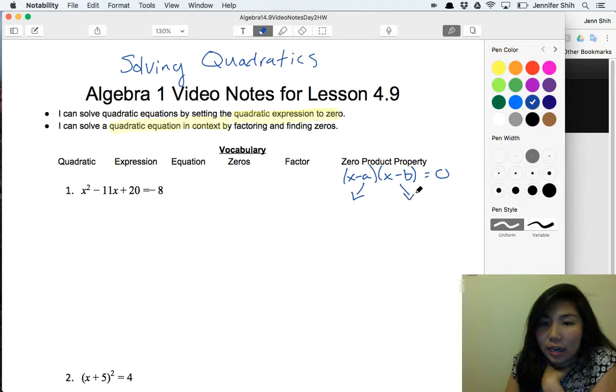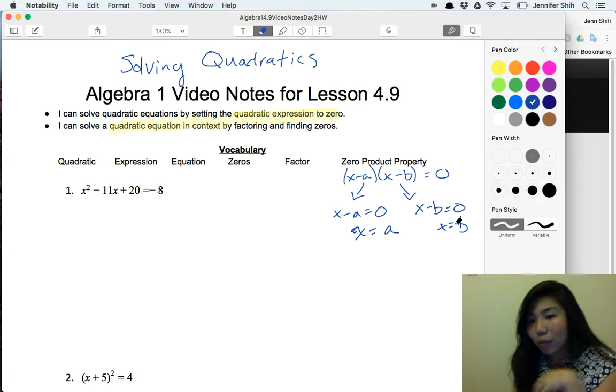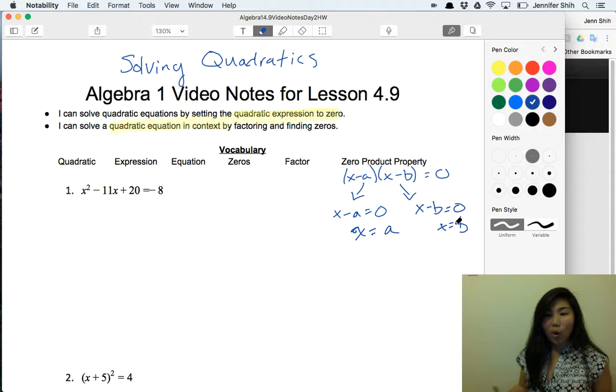These linear factors can be broken up into two equations. x minus A is equal to 0, x minus B is equal to 0. So you can solve for x in both cases. This is how you use zero product property in order to solve for x.